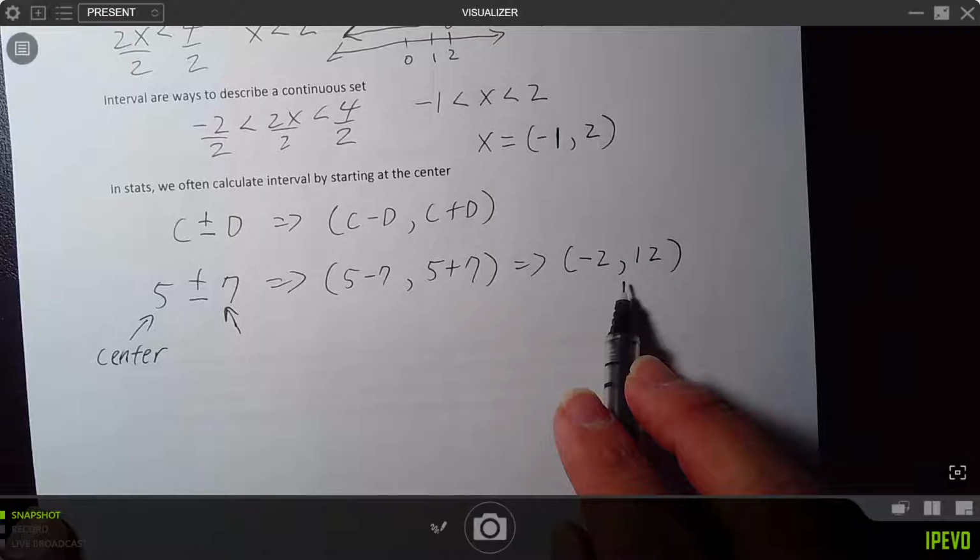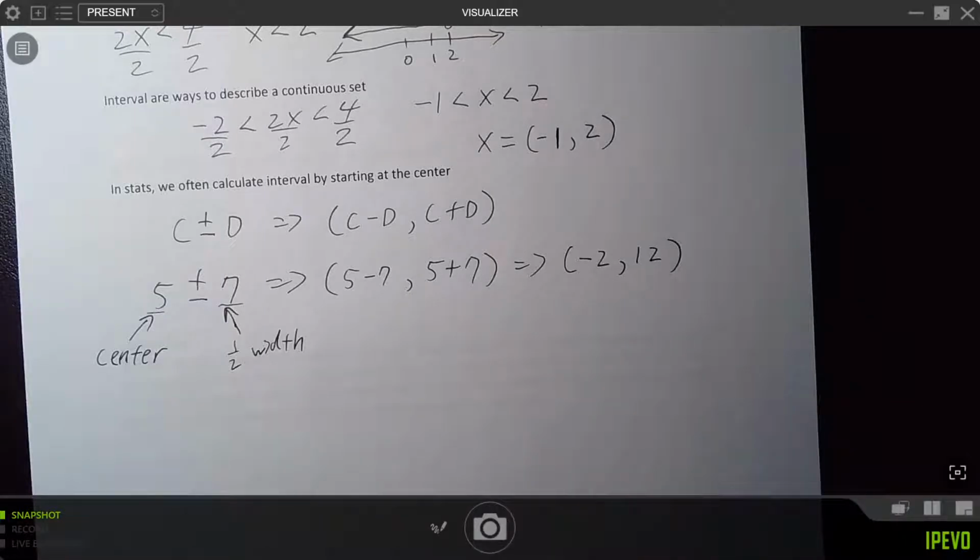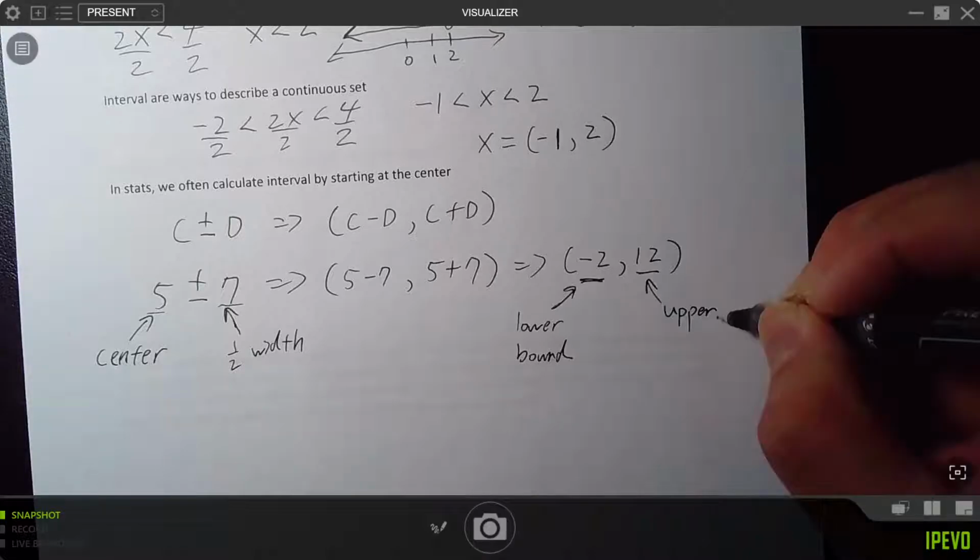This will come in handy because when we get to later chapters, these widths and centers will have actual meanings or interpretations. So it's good to identify what these two are. And once we write it out like this, when we have an interval, the smallest number we call the lower bound, and the larger number we naturally call the upper bound.